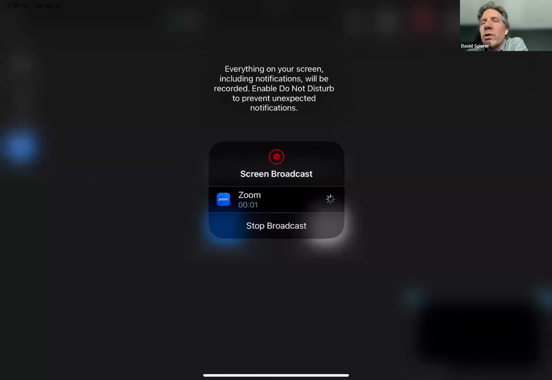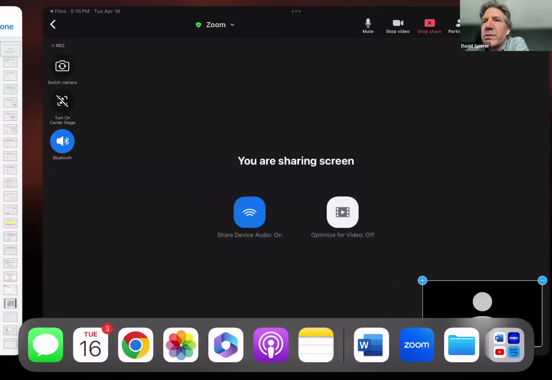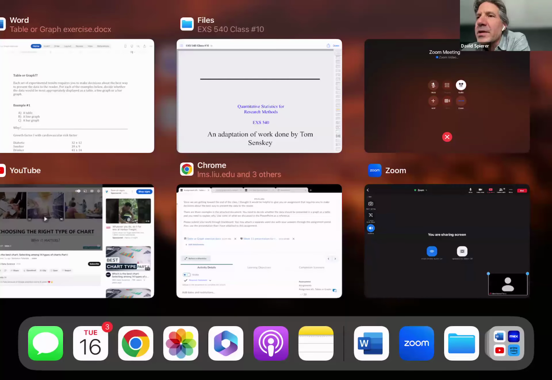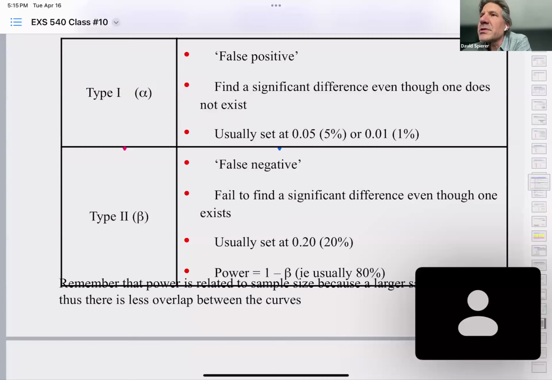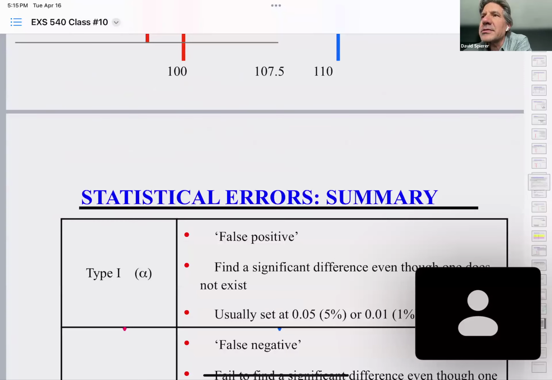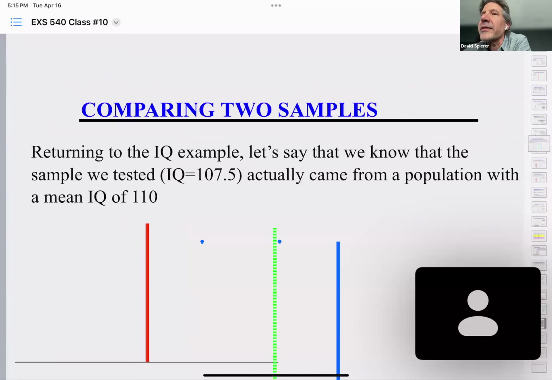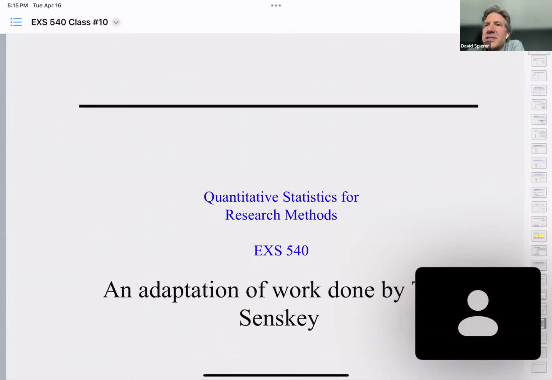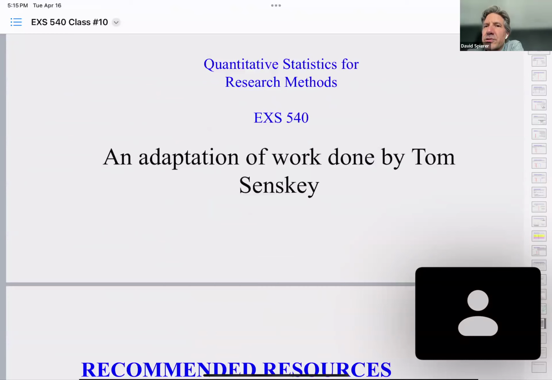This is a presentation that I've done for all of my classes. Like I said, it's a little sort of heavy, but we'll go through it slow. I'm only going to go through a part of it. This is a presentation on quantitative statistics for research methods.